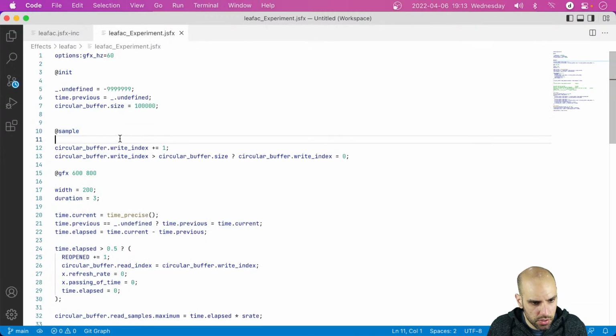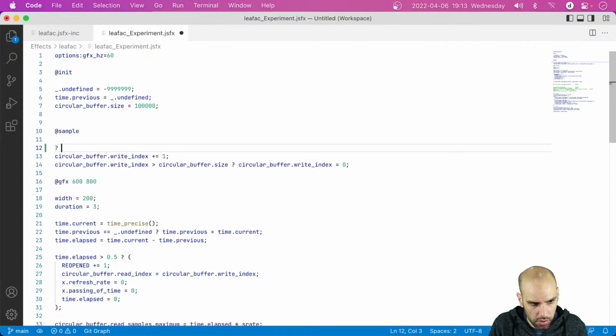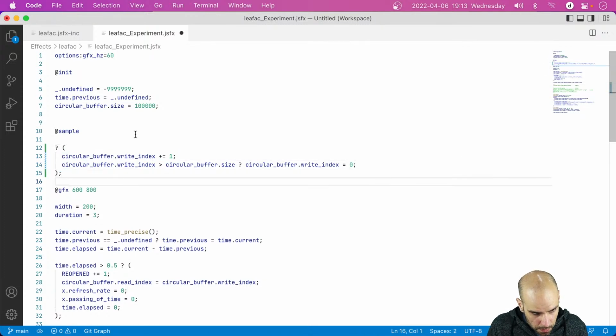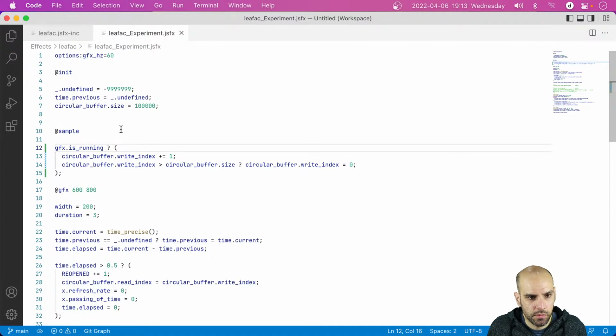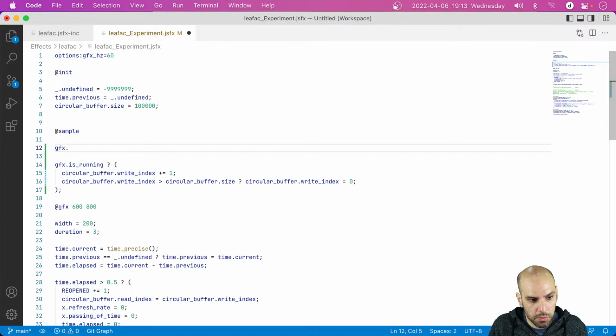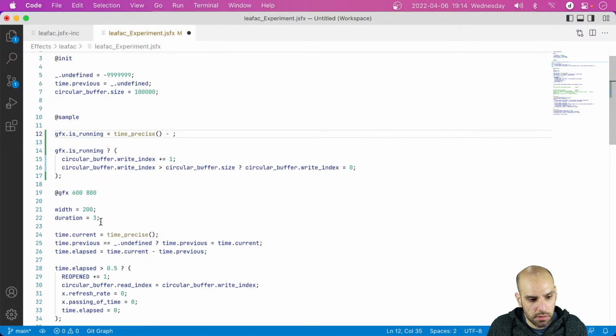So what I want is to put all of this in a conditional. I only want to run this if the GFX block is running. How can I tell if the GFX block is running? Well, the GFX block is running if time precise minus, I guess, time previous or time current.